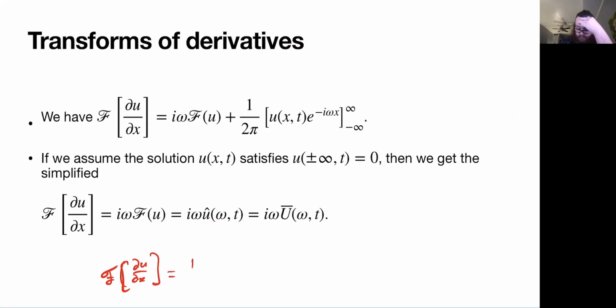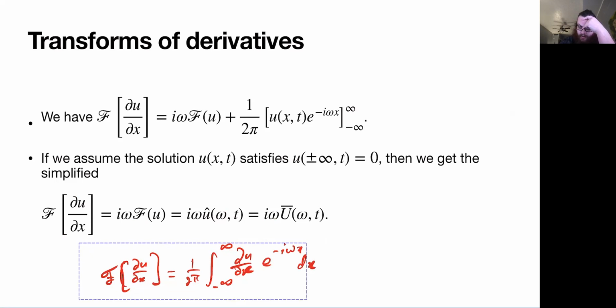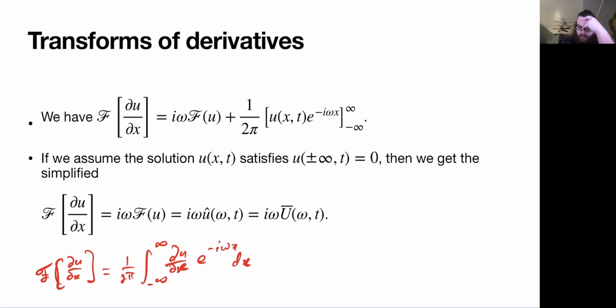It's going to be 1 over 2 pi integral from minus infinity to infinity of du dx. Again, u is a function of x and t, but anyways, du dx times e to the minus i omega x dx. Now this is perfectly set up for integration by parts.